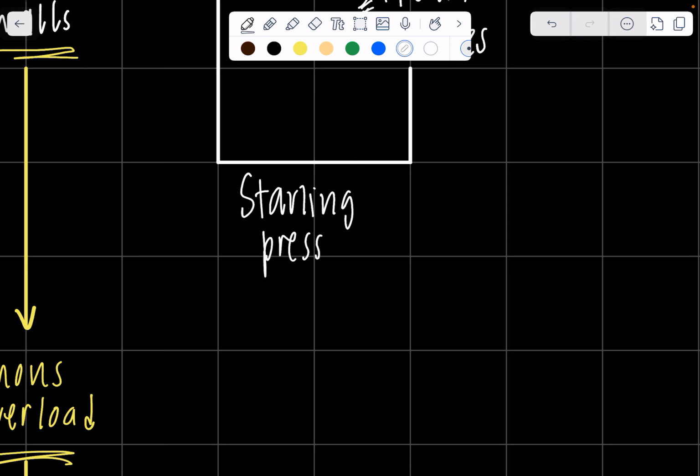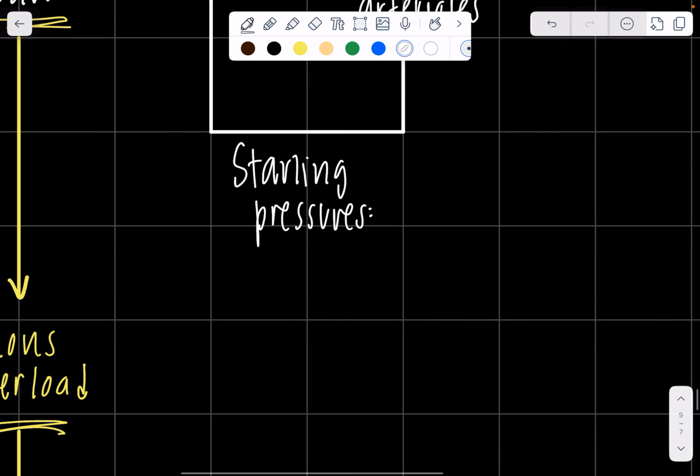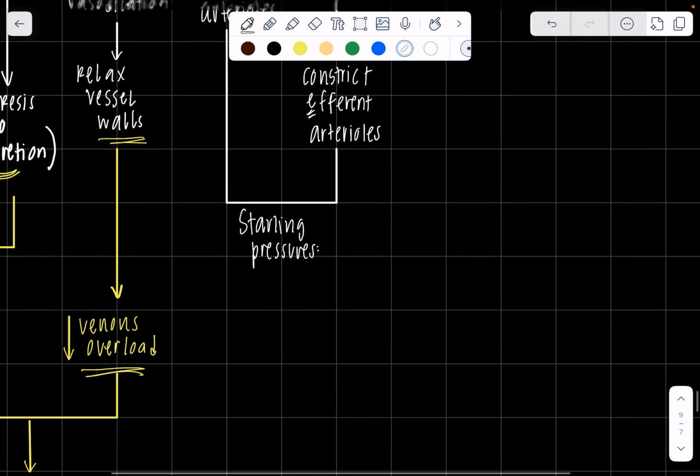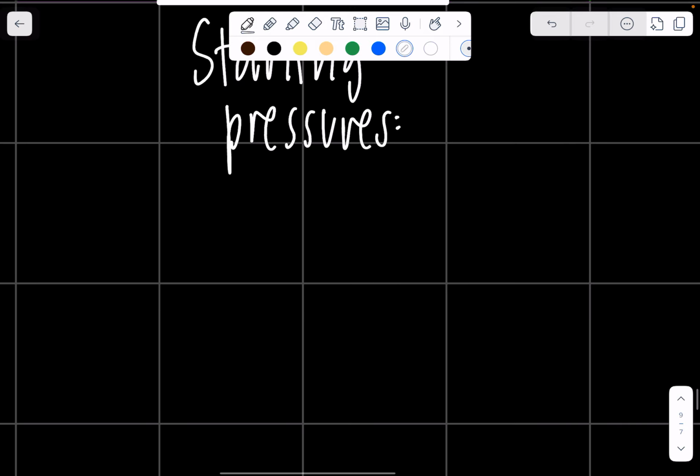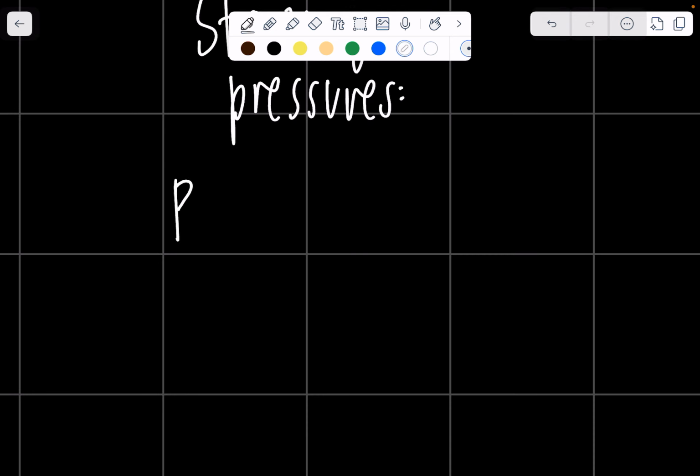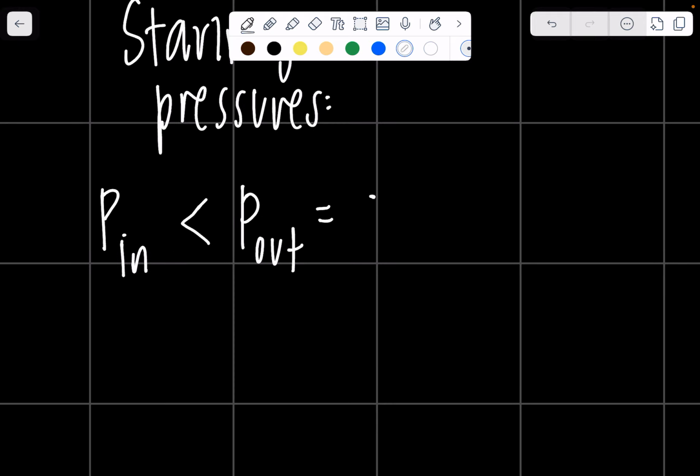And basically, Starling's pressures operate on the principle that if we make sure that the pressure of the blood inside capillaries is lower than the pressure of blood leaving the capillaries, we enable the kidney to do filtration.